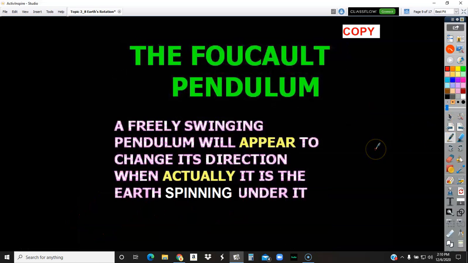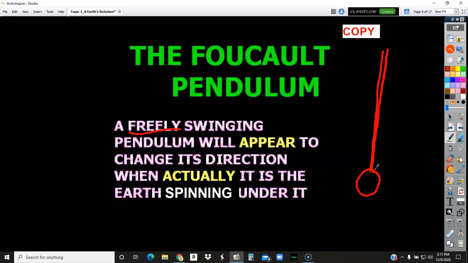All right, the other clue besides the Coriolis, again, these are to prove the Earth rotates. It's called the Foucault pendulum. Freely swinging means it will continue to swing for as long as the length of the wire or rope or whatever, and the weight that's attached to the bottom, is going to allow.